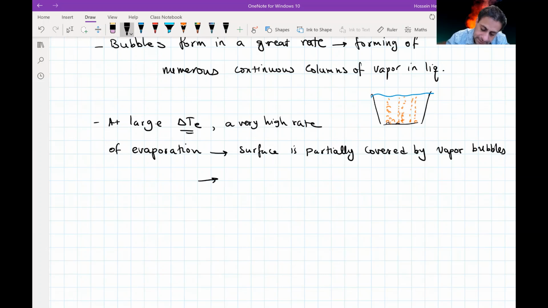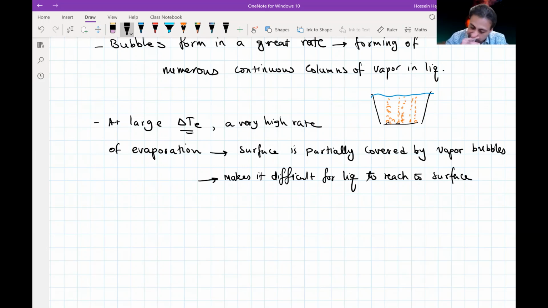That makes it difficult for liquid to reach the surface.